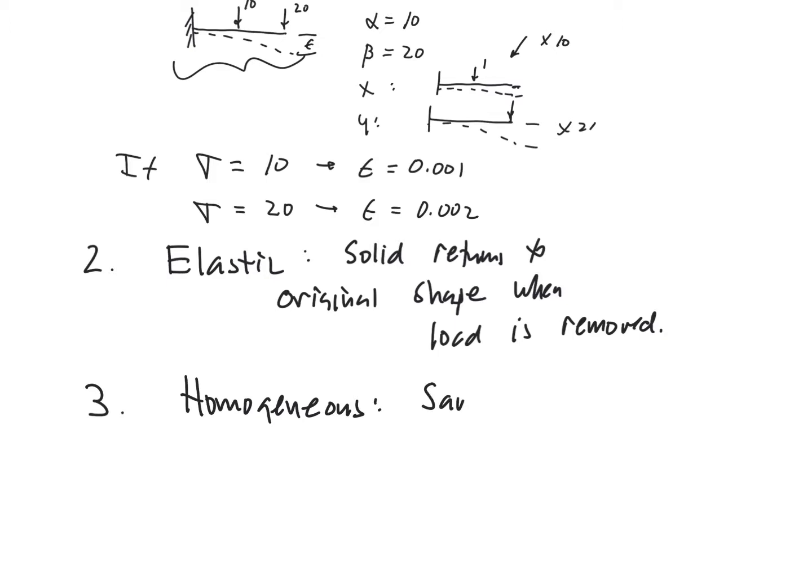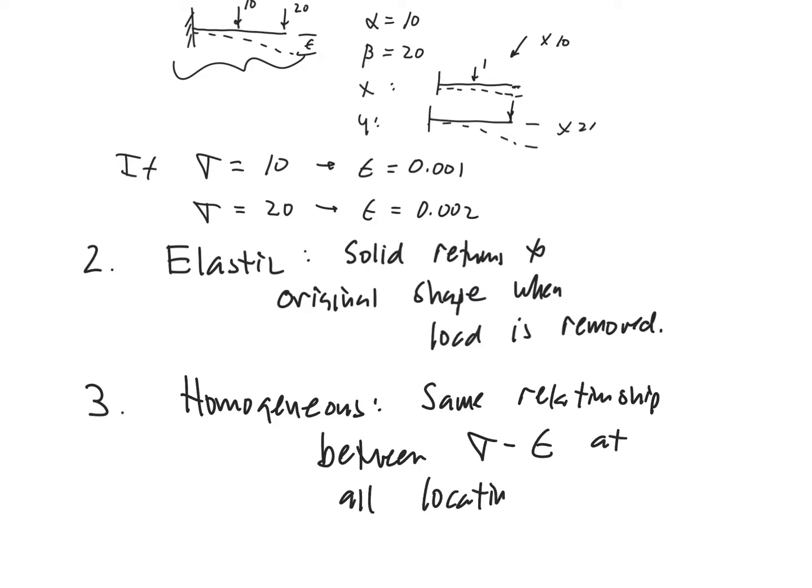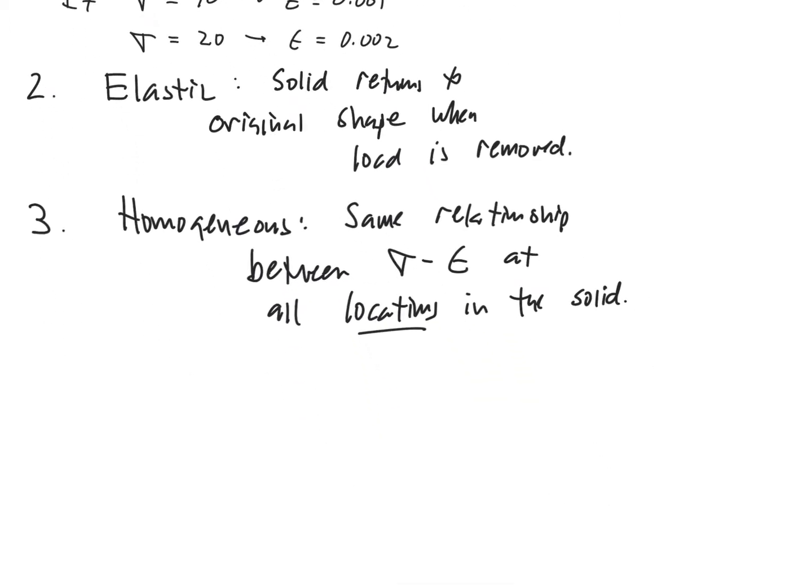We get the same relationship between stress and strain at all locations in the solid. Now, there will be some minor exceptions to this because we will probably look at problems that are made of more than one material.